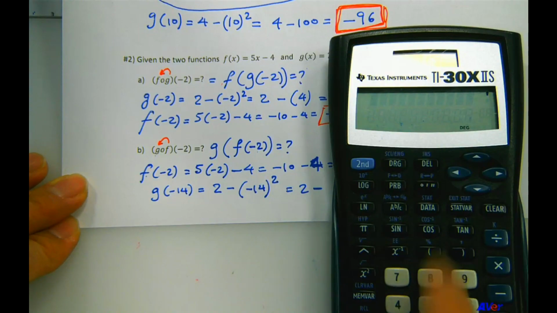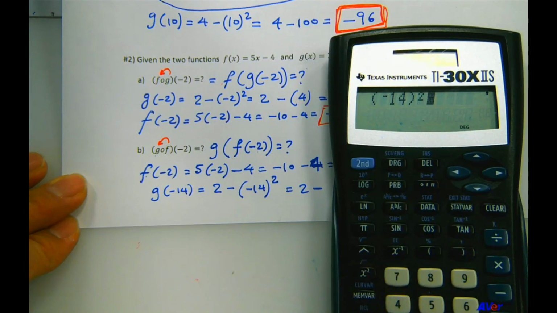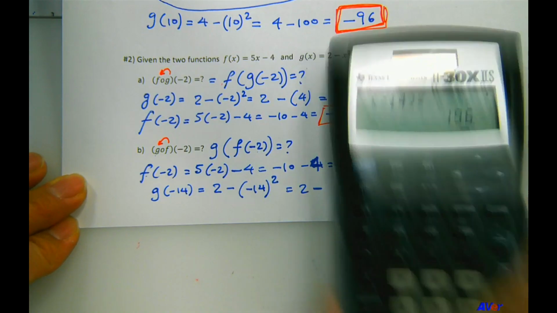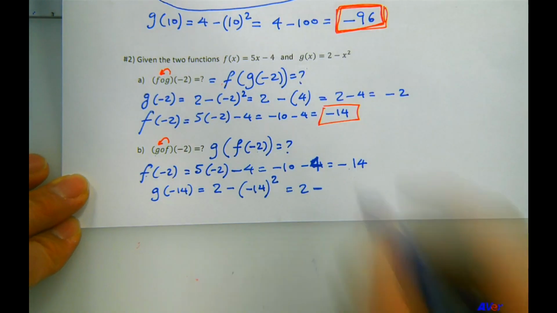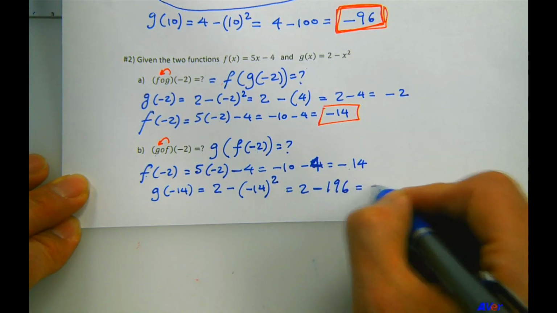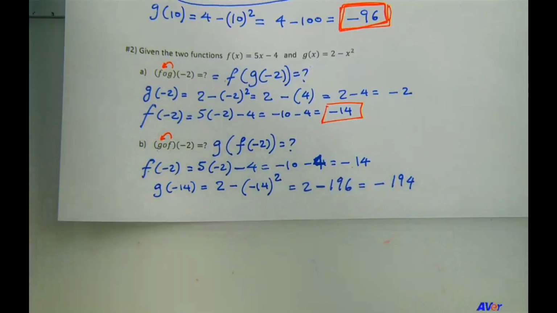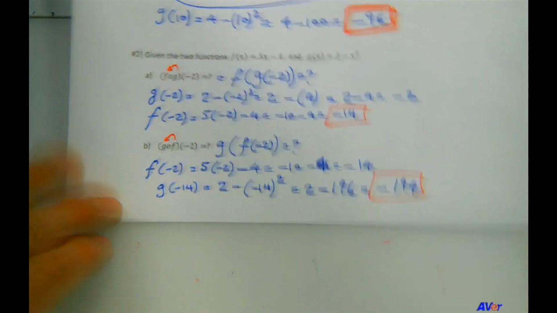Or, if you prefer, I'm going to open parentheses, put in -14 and square that, and we get positive 196. Okay? So 2 minus 196, or minus 194. Here's the final result.